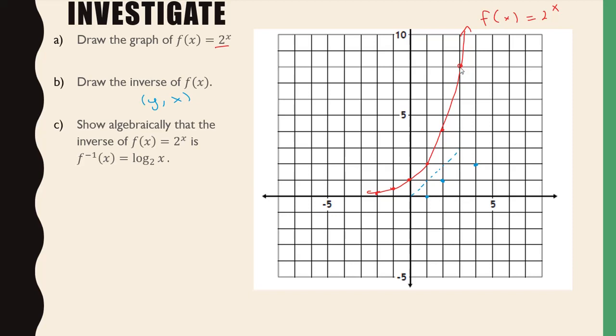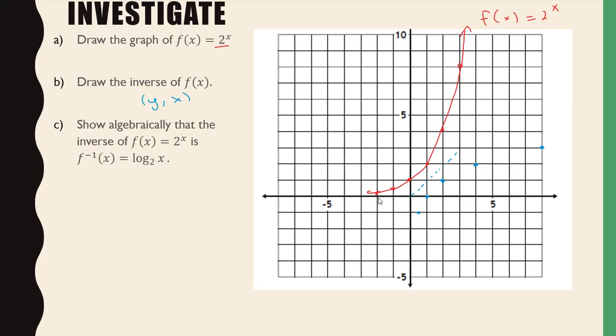And then my final point that I have on the positive direction is 3, 8. Now that doesn't fit on my graph quite. So, well, here's 8, 3, just barely. Now going the other direction, so this is negative 1, 1/2. So we're going to go to 1/2 then, and it'll be negative 1.